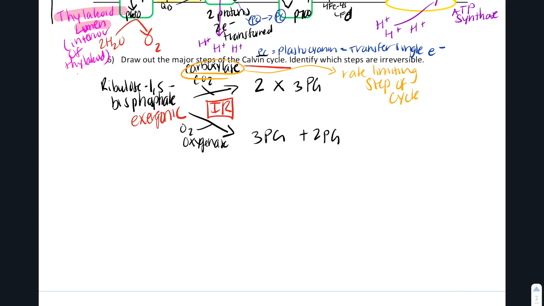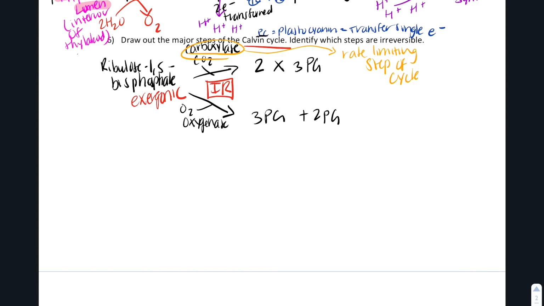Okay, so now let's go into the process of what you need to know. Most likely you won't need to know how to draw the entire pathway, most likely just the fixation and the reduction step, but not the regeneration.